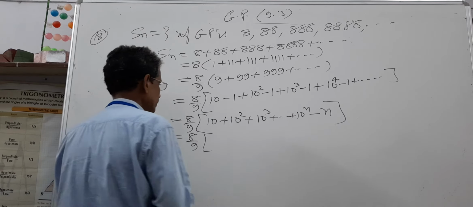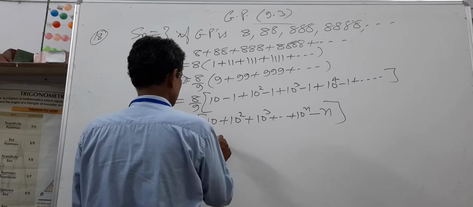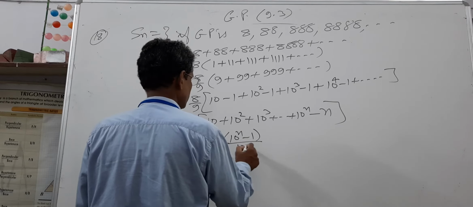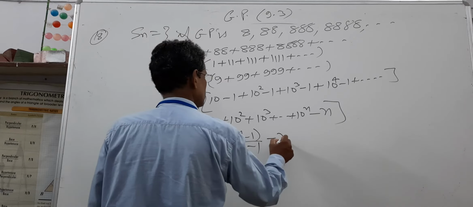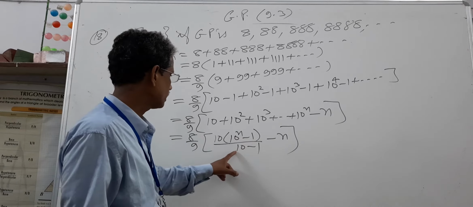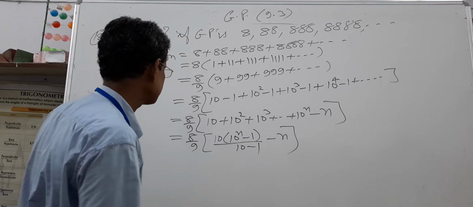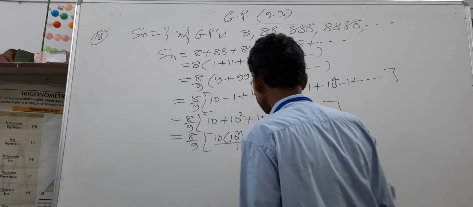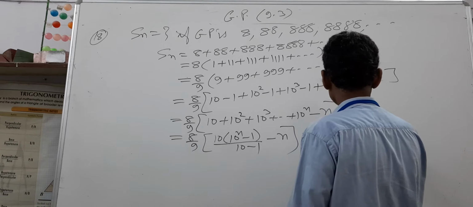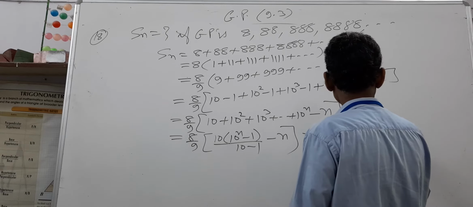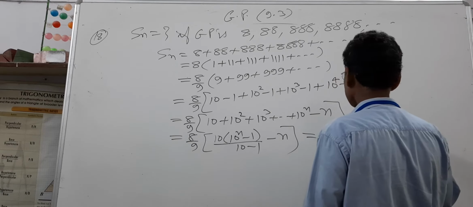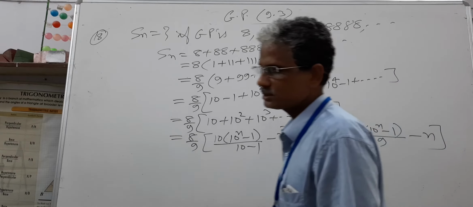So this will be 10 into (10 power n minus 1) upon (10 minus 1), minus n, using a(r power n minus 1) upon r minus 1. This is equal to 8 by 9 into [10 into (10 power n minus 1) upon 9 minus n]. This is your answer.